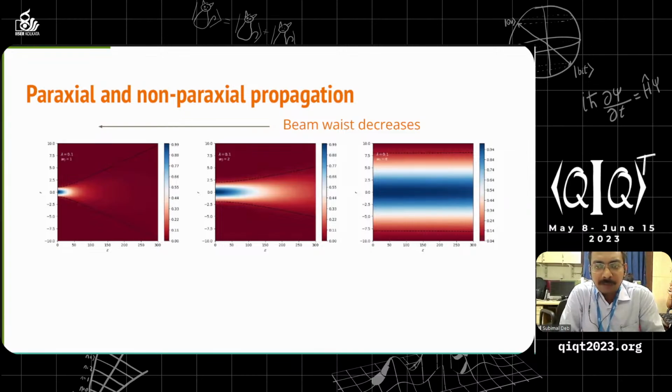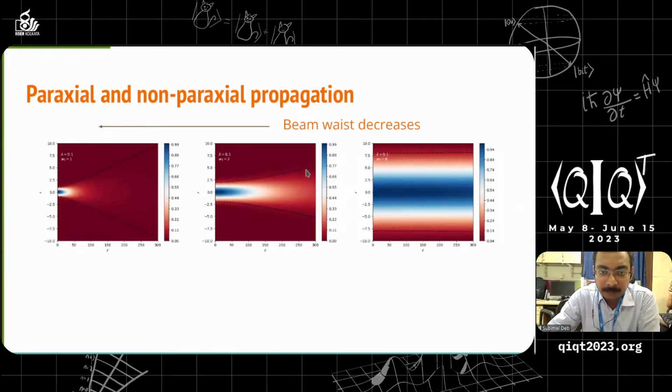Now, how divergent would the beam be? The divergence actually depends on the ratio of the beam waist to the wavelength. So the beam waist is the smallest width of the Gaussian beam when you eject it out of the source. As it propagates in free space, it will spread out.